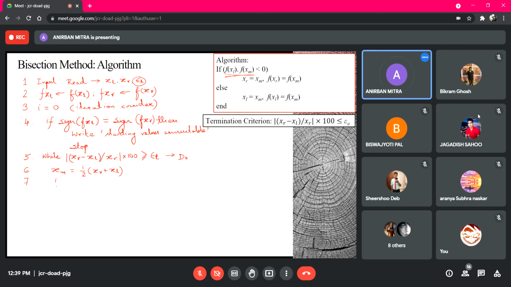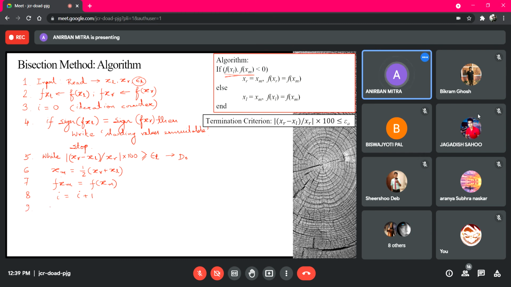Next step, find f of XM. Remember the iteration counter? You increment the iteration counter like this, I equal to I plus 1.